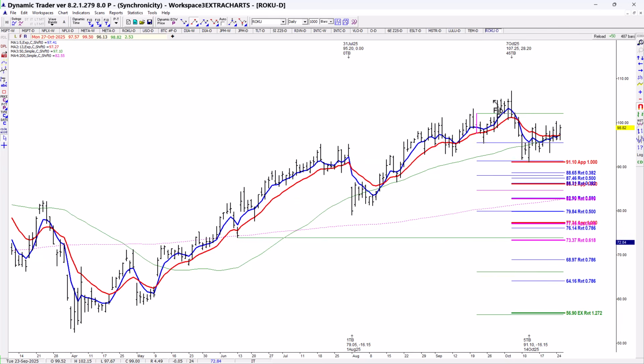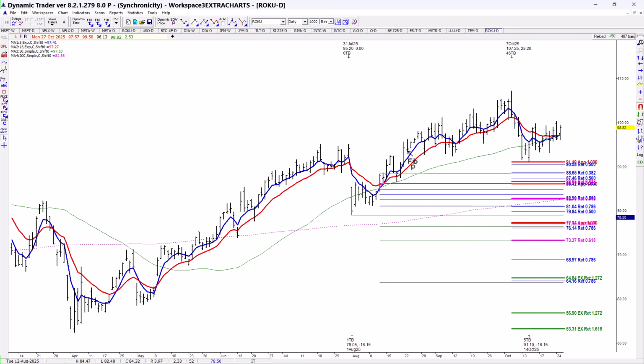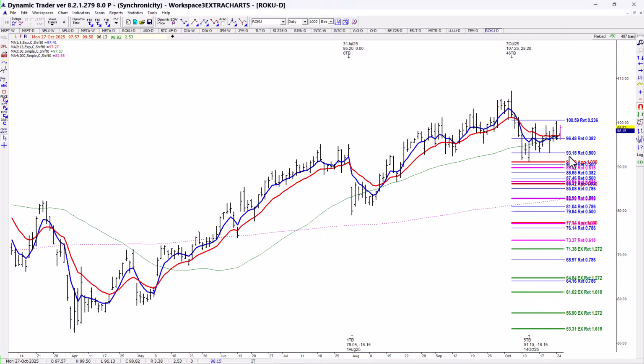I'm not sure, did I do this one? No, looks like, okay. So then there is a 50% retracement that comes in just underneath that symmetry. And then here, 618 is a little bit lower. But of course, we're getting rid of anything that the market went below.